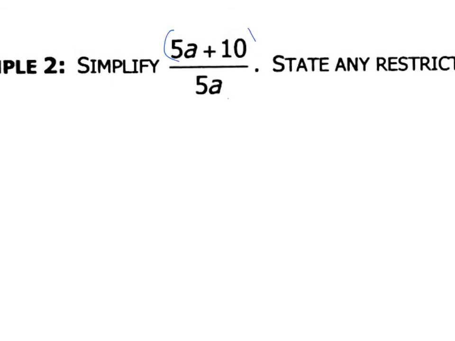With the 5 and the 10, I can pull out a 5. So I'm going to take out a 5, parenthesis, and then write the leftovers. Remember doing this. 5 divided by 5 is 1a, or just a. 10 divided by 5 is 2. So I'm left with 5 times parenthesis a plus 2 over 5a.